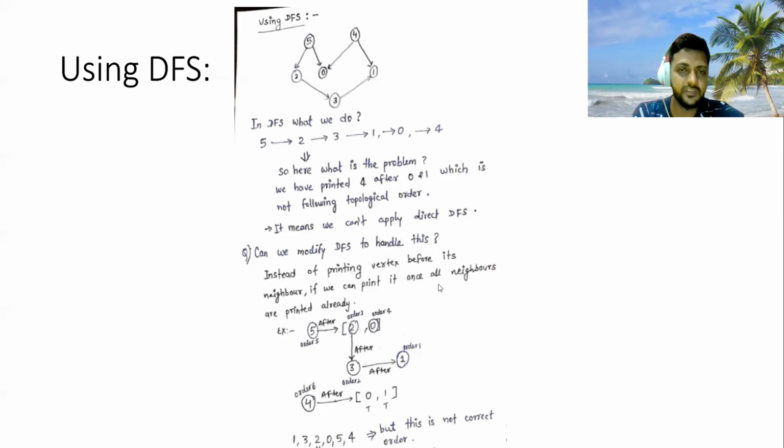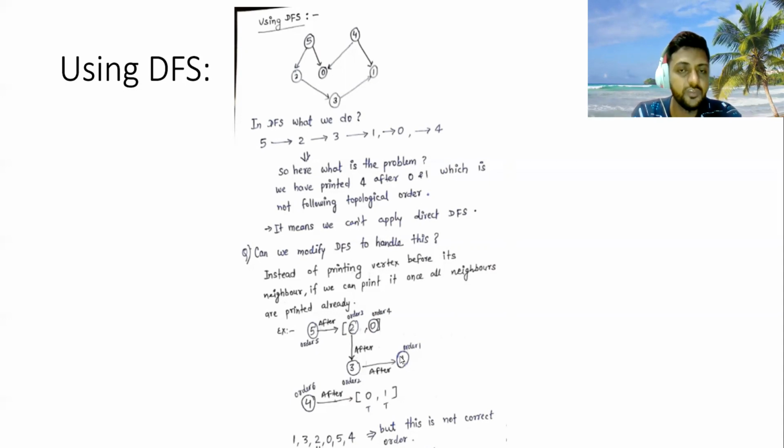So what I mean is, one second. Let's say you start from node number 5. We are again applying the DFS here. There are two nodes, 2 and 0, which are neighbors of node 5. Let's say we pick node 2. From 2, you go to node 3. From 3, you go to 1. From 1, we cannot go anywhere. For node 1, since there are no children, all the neighbors are visited.